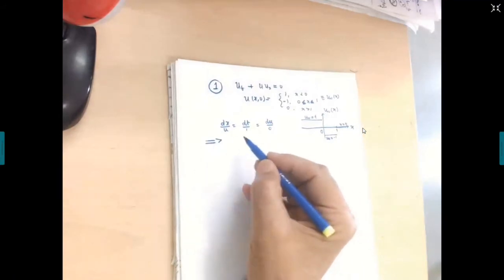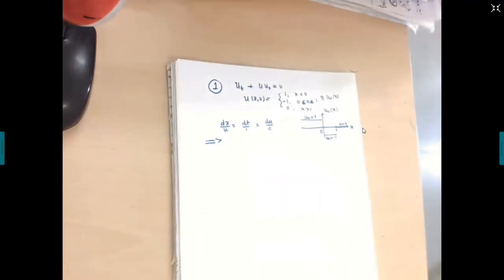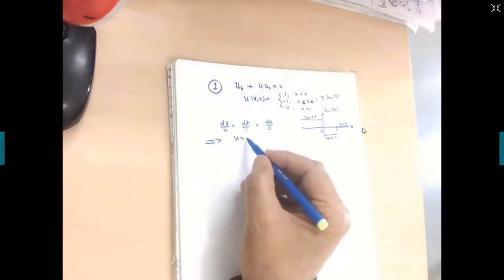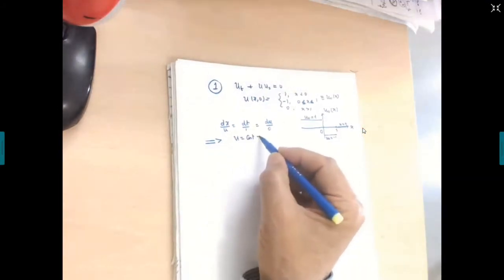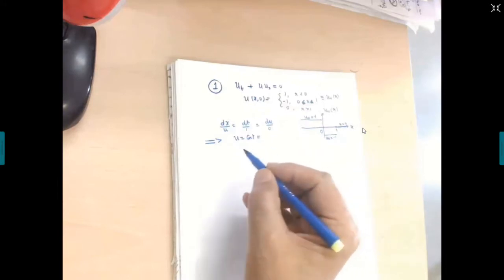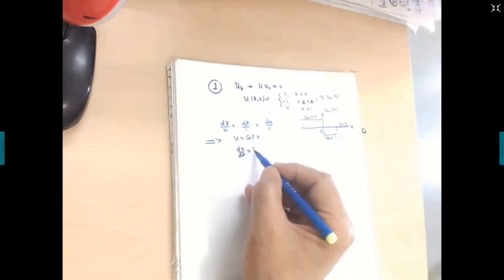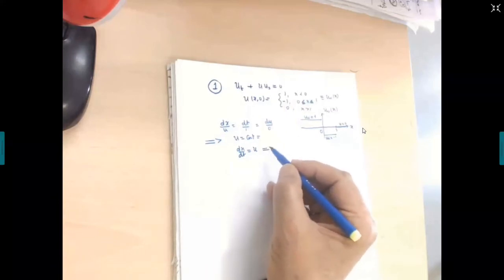The first characteristic is u equal to constant, u equal to u naught. And putting u equal to constant, we have dx upon c is equal to dt. Taking the second one, I can solve these equations.